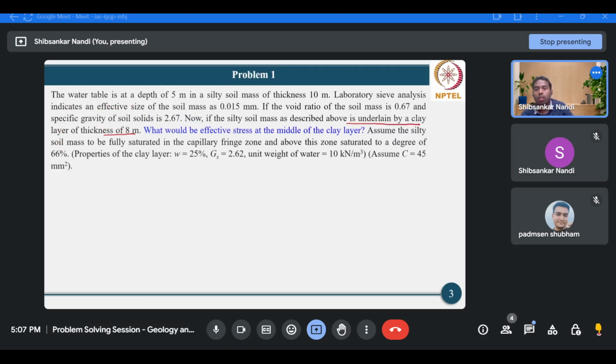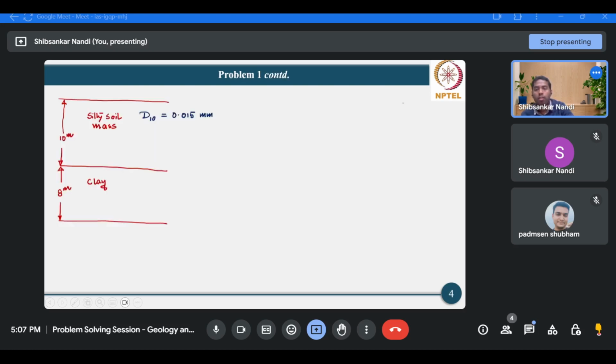Then the void ratio of the soil mass, e, is 0.67. Then the specific gravity of soil solids is 2.67.